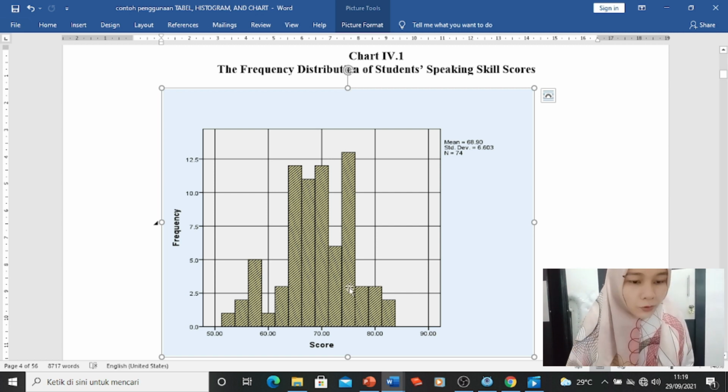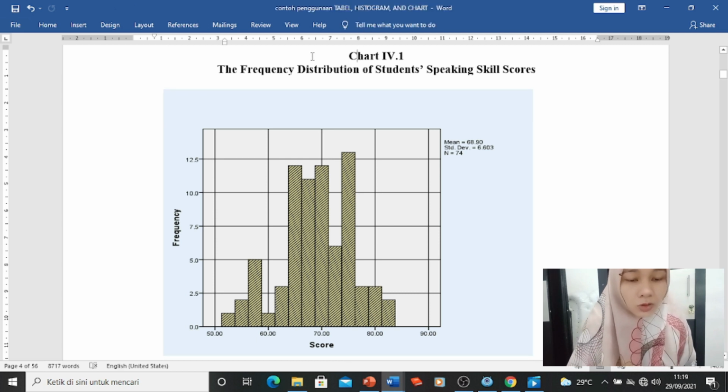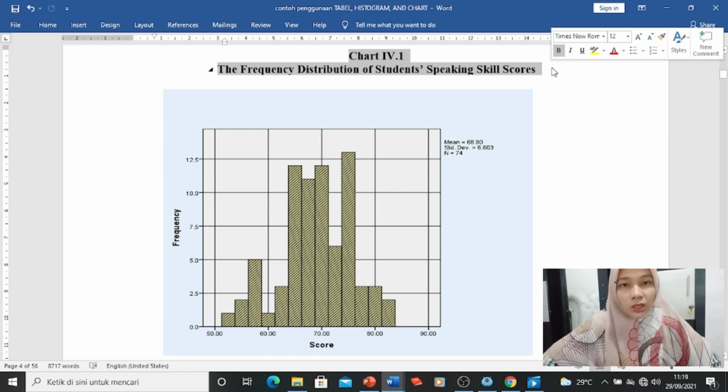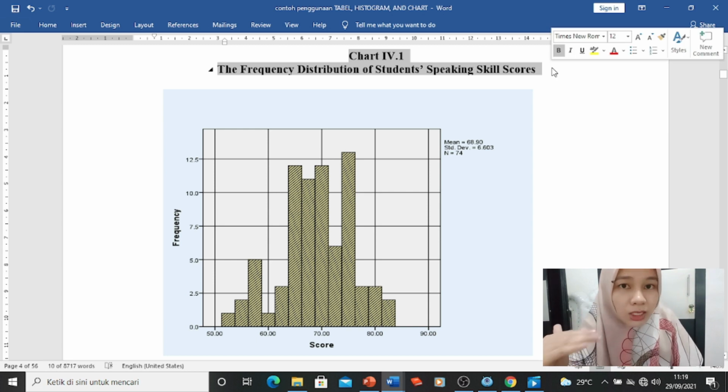Of course, the first thing that you have to do if you have this kind of chart is please mention the title of the figure, or mention the title of the chart first. Please mention what the chart is about, so you may say orally, oh, this chart is about the frequency distribution of student speaking skill scores.